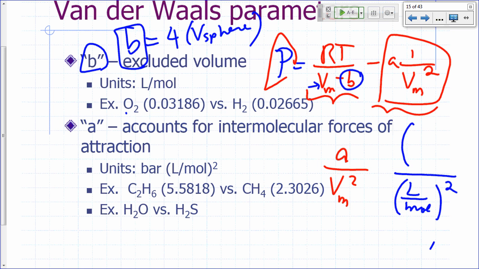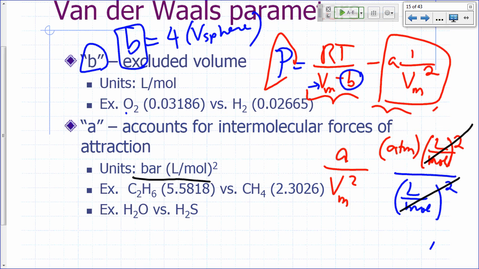What should be the unit for A so that the whole thing becomes a unit of pressure? It's atmosphere times liters per mole squared, so that we can cancel liters per mole squared and you get atmosphere. So the unit is a pressure unit times liters per mole squared.